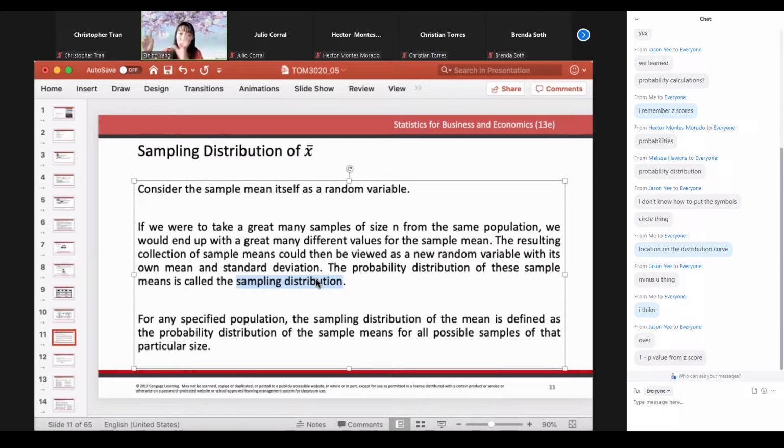Now we take different samples and we calculate the sample mean. So in the new probability distribution, the variable itself is the sample mean. And we calculate the center and the spread. That's the sampling distribution. So the sampling distribution is the probability distribution of the sample mean.